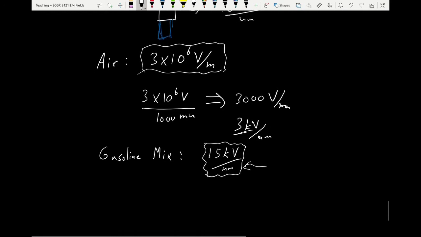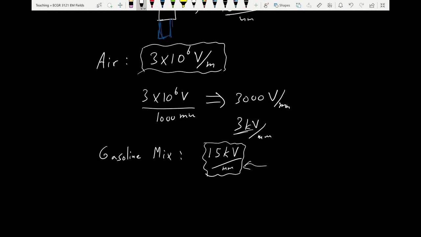So in this example, they ask you, if the circuit is only capable of providing 10 kilovolts, right? So E is V by D, right? And we know what E breakdown is. E breakdown is 15 kilovolts per millimeter.